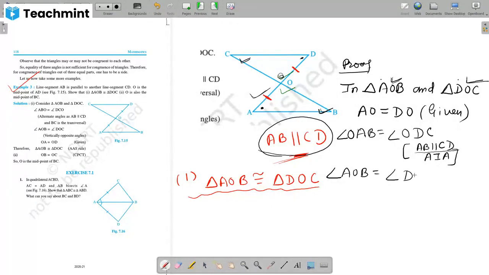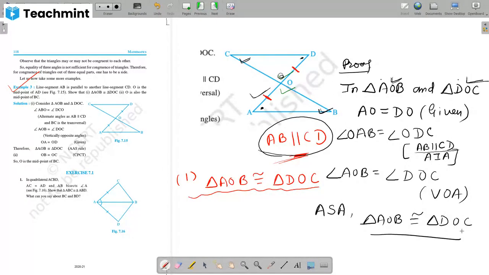Yeah, correct. AOB and DOC are equal, vertically opposite. Yeah. So by which congruency rule? See, we have taken this angle, this side and this angle. So by ASA congruency rule, we can say that triangle AOB is congruent to triangle DOC. So proved. Yes. Now tell me, what is your question?